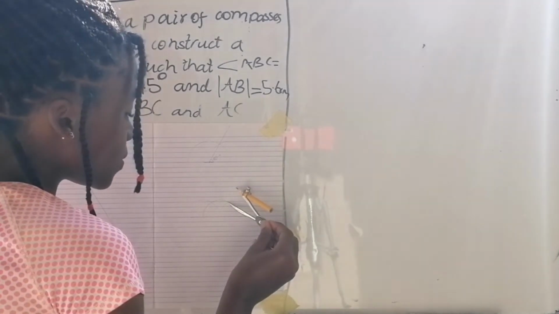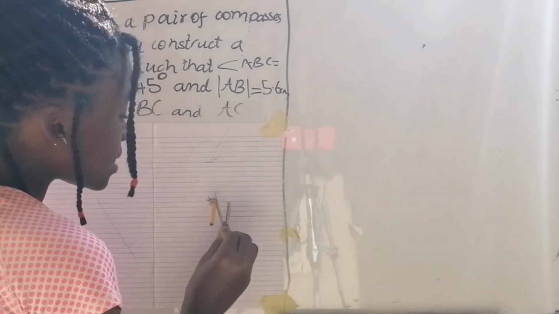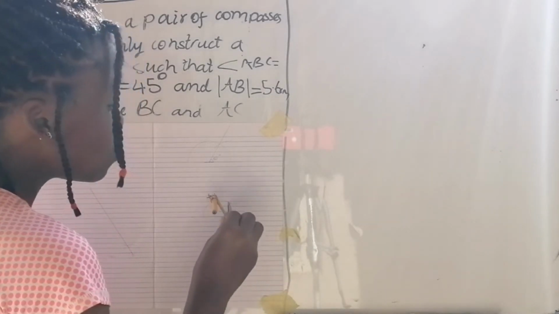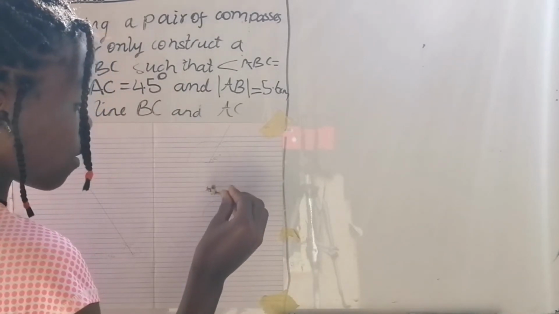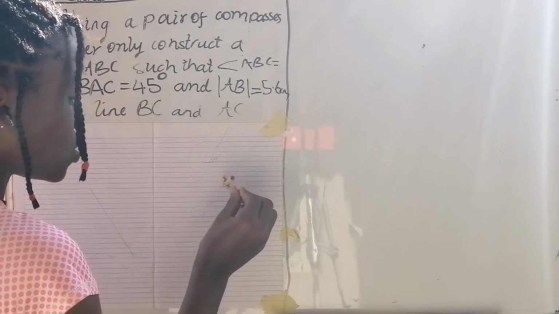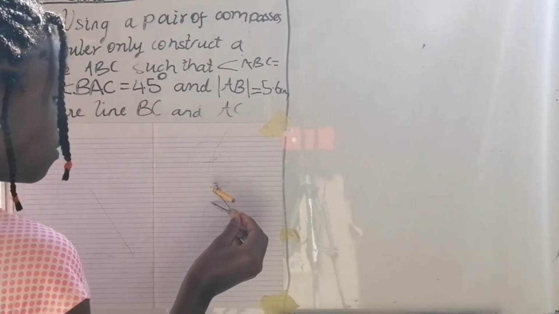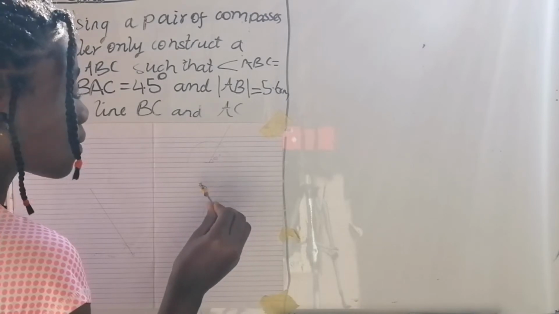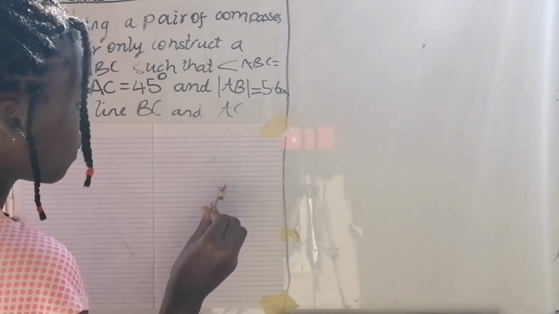Now that I've struck these two arcs, I also come to these points where I struck an arc, the intersections. I still do not change the length of the compass. So now I strike another arc. Try to make it as wide as possible, but let it not touch the semicircle. Then I also do the same, strike an arc from here.